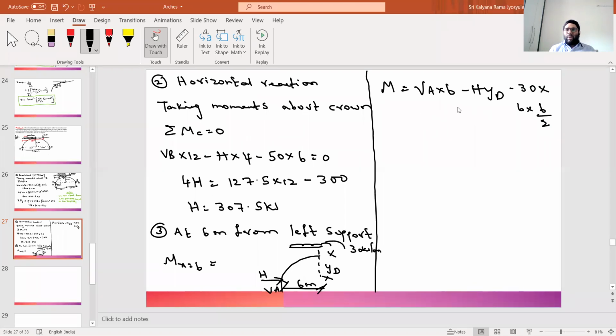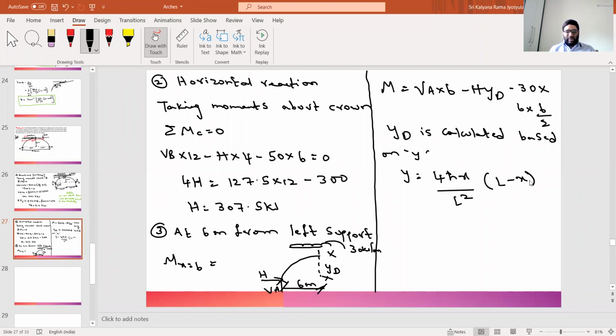Now, what is the unknown? To calculate, first we need to know YD. For YD, it is very simple. The formula for the expression of Y, first of all, YD is calculated based on Y equal to 4H x by L square into L minus x.